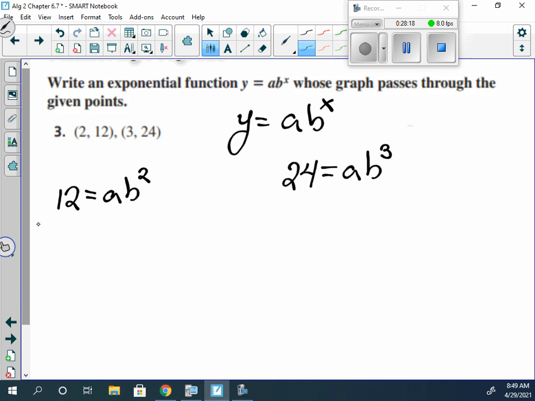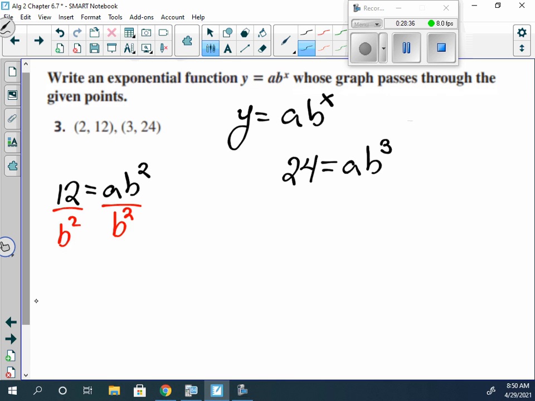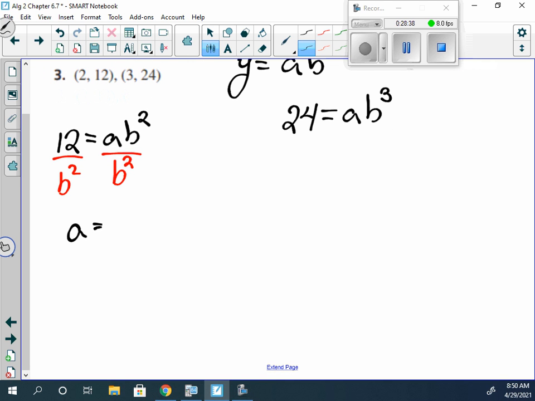So we want to solve one of these for the value of a, and I normally want to try to use the one where b has the smaller exponent value. So for this here, we would divide both sides by b squared, which will tell us that a is equal to 12 divided by b squared.